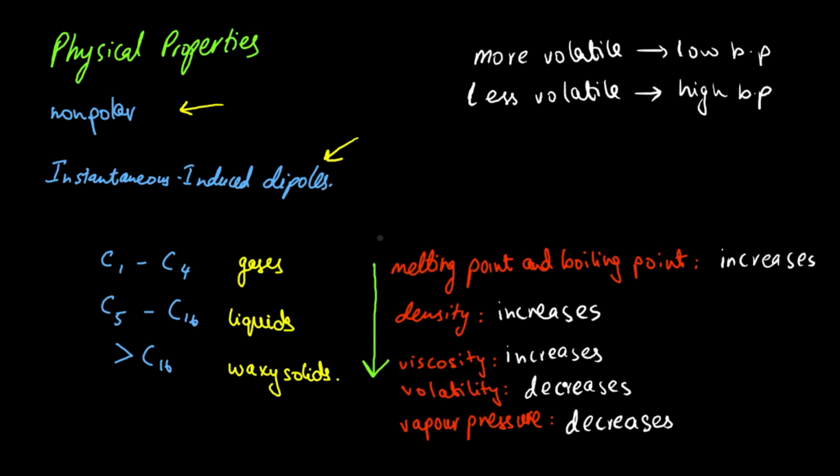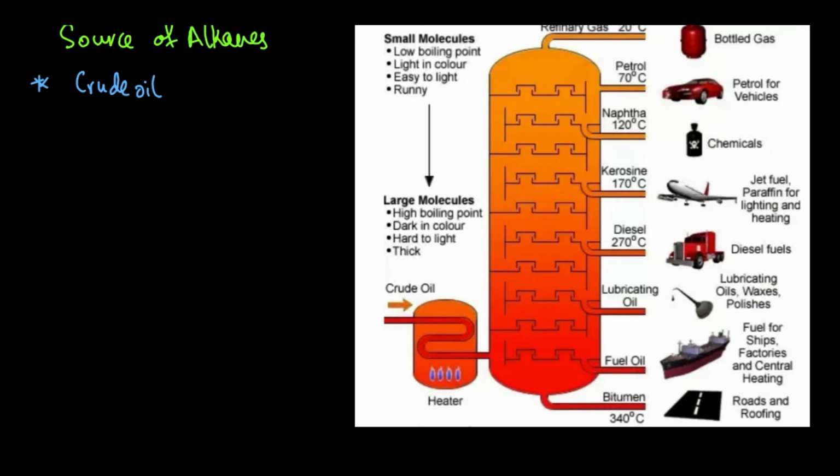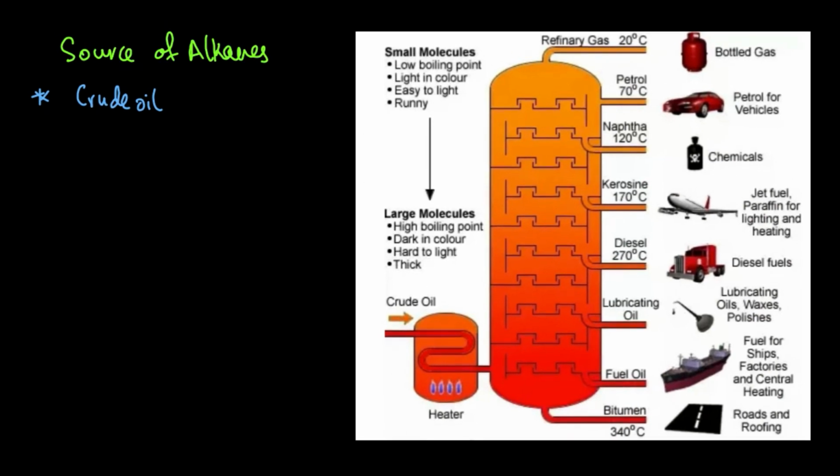Okay. Now, before we move on to the chemical properties of alkanes, we will try to study where alkanes actually come from. The source of alkanes that is specific to our syllabus is crude oil. I've attached a picture of the method by which alkanes are obtained.